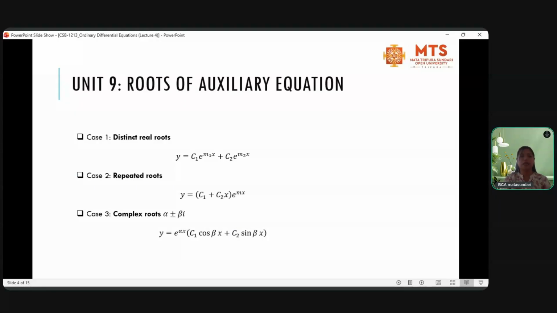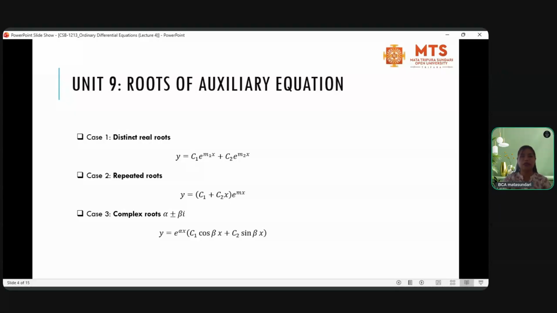There are three cases. Case 1, distinct real roots: y equals c1 e^(m1 x) plus c2 e^(m2 x). Case 2, repeated roots: y equals (c1 plus c2 x) e^(mx), where e^(mx) is common.